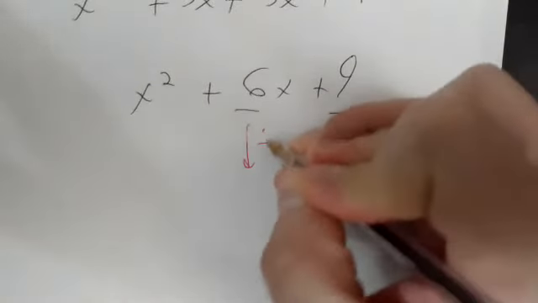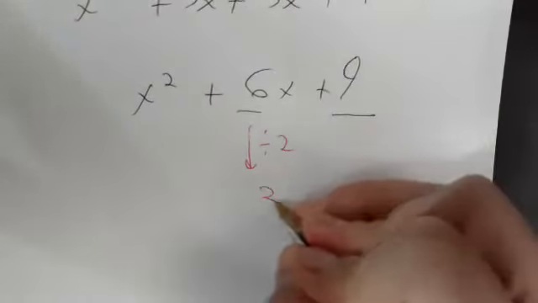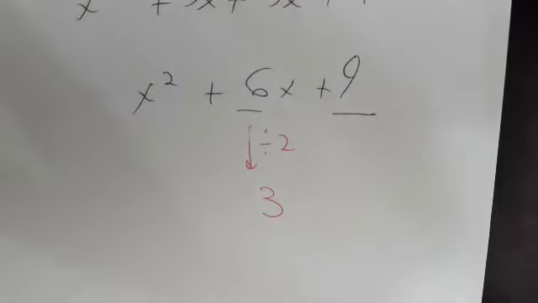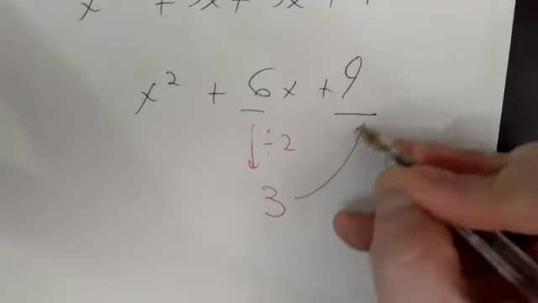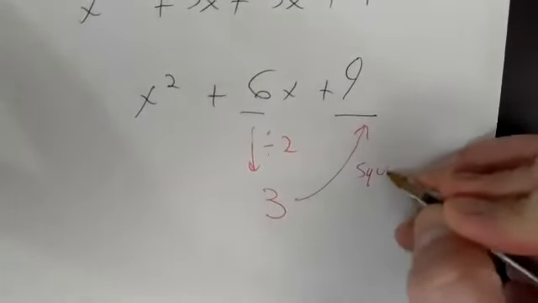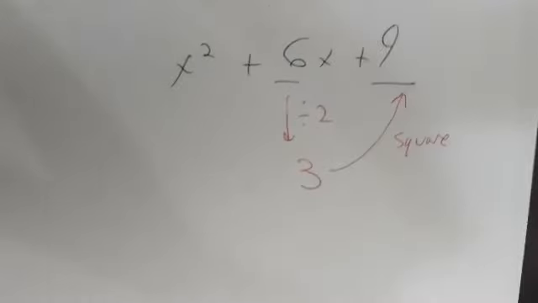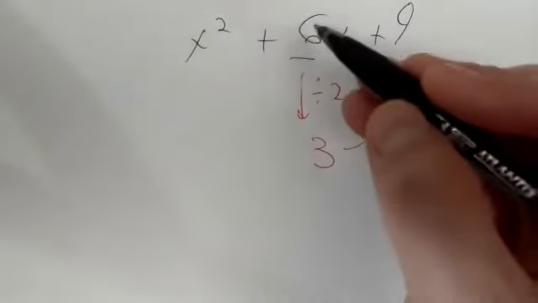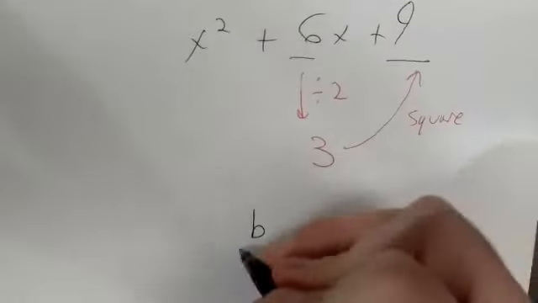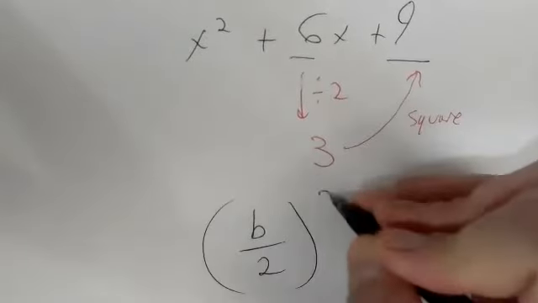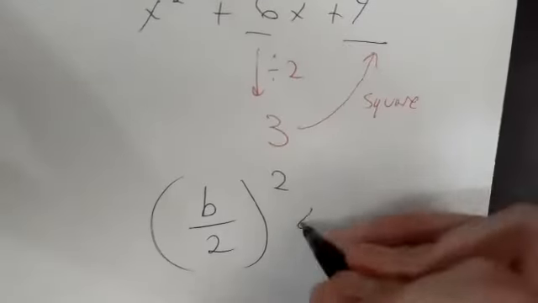So I am dividing 6 by 2 to get to the 3, and then I'm squaring that 3 to get to 9. So the very simple way we can do this is, with my b term, we have to add b over 2 squared. This is kind of like my magic number.